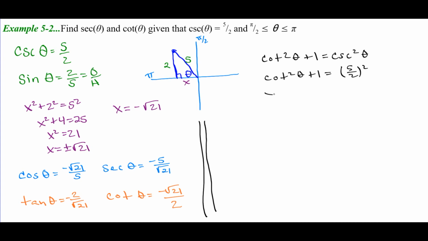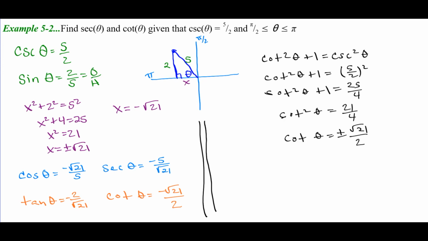So this is going to give me cotangent squared plus 1 equals 25 over 4. So I should end up with cotangent of theta is equal to plus or minus the square root of 21 over 2. So again, go back and look at your quadrant. I'm in quadrant 2, which means my tangent value is going to be negative, which means my cotangent value is going to be negative. So now I know cotangent theta is negative radical 21 over 2.